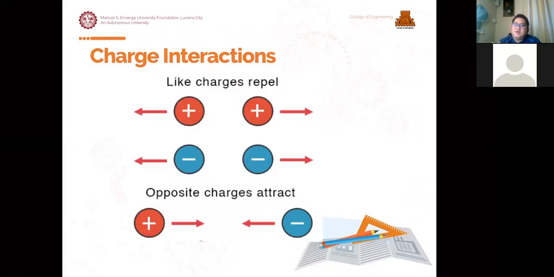To receive additional electrons from one particle. So kung ang particle natin is sobra na ng electron, tendency niya is to repel and to attract to particles na may negatively charged, no?